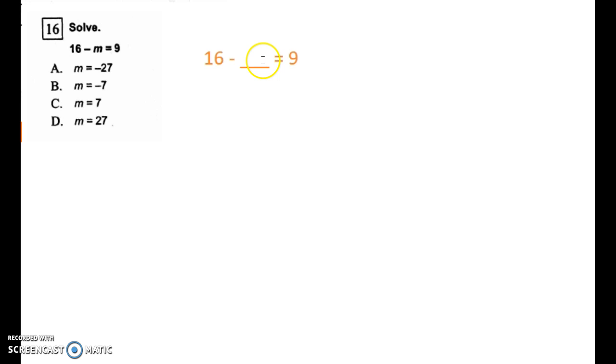So 16 minus 7, does that equal 9? It sure does, right? Because 7 plus 9 equals 16. Or 16 minus 27, that'd be a negative number, so that's not going to work. So right off the bat, we can tell it's going to be this.